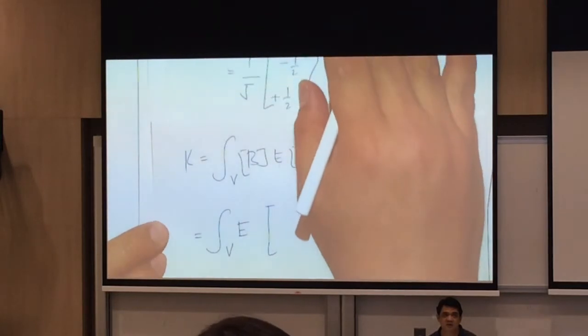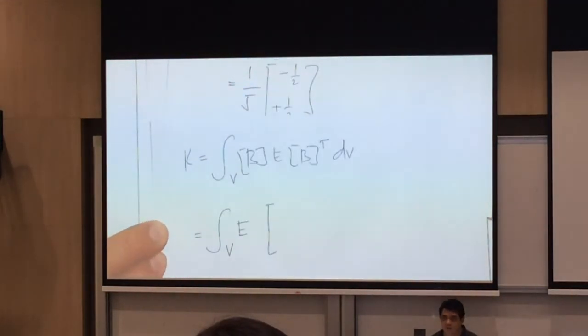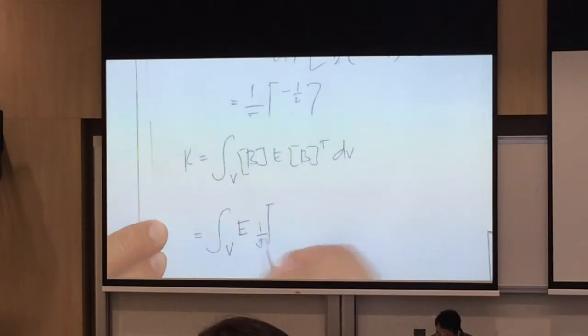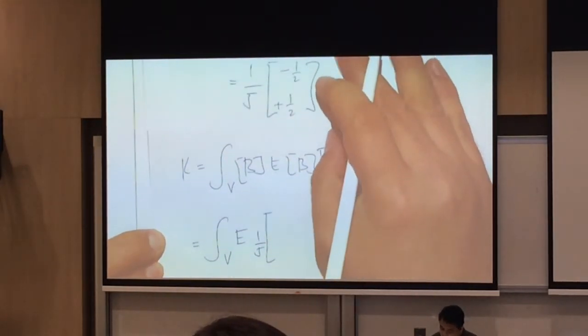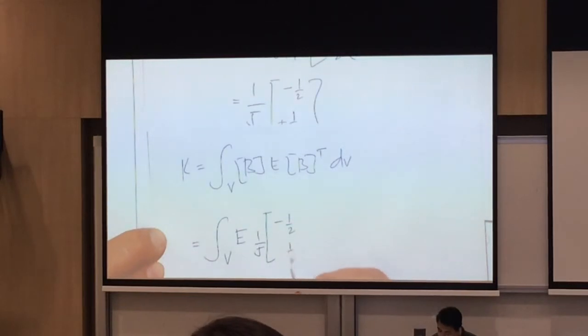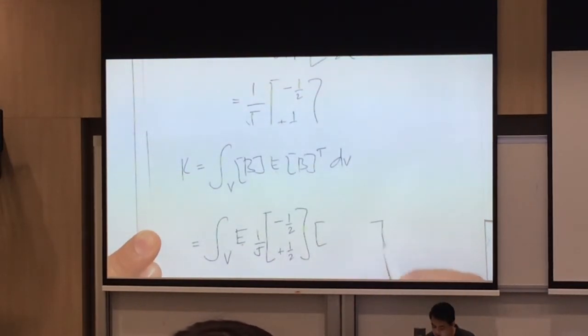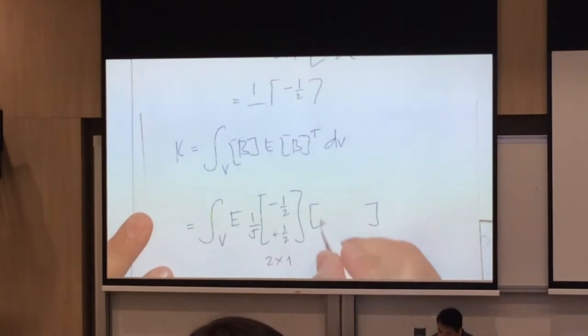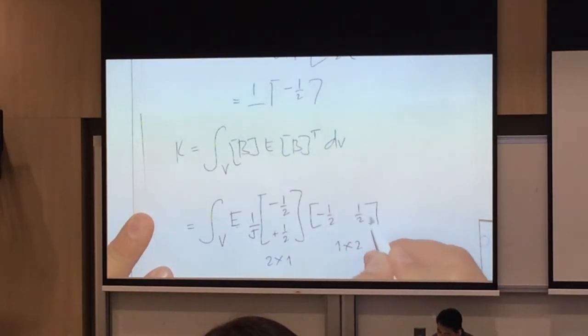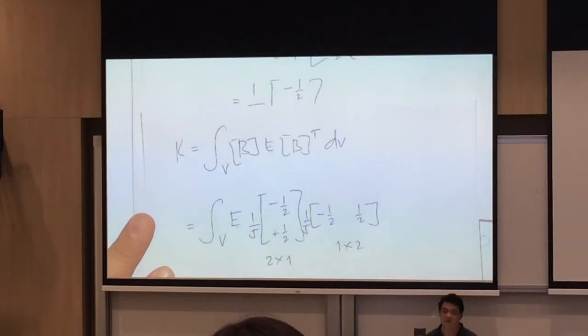So what is our B? That's 1 all over J. Minus 1/2, and this one is 1/2. So I'm bringing this one here. And then I have now this one here. So this one is a 2 by 1, this one is a 1 by 2. So definitely we're going to get a 2 by 2 here. So that is minus 1/2, and that's 1/2. We forgot the 1 over J there. And then I have my dV.